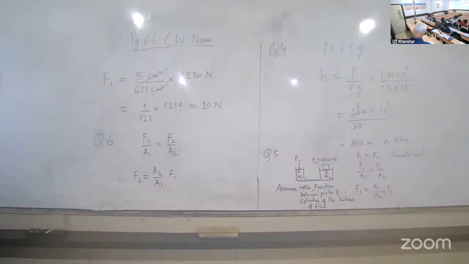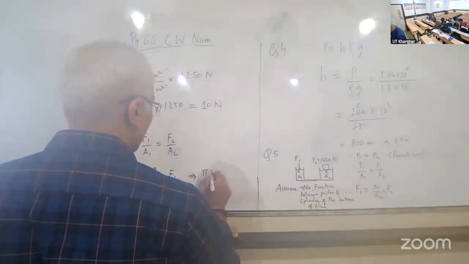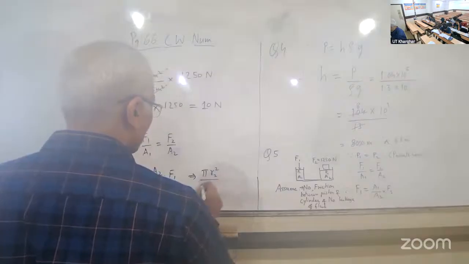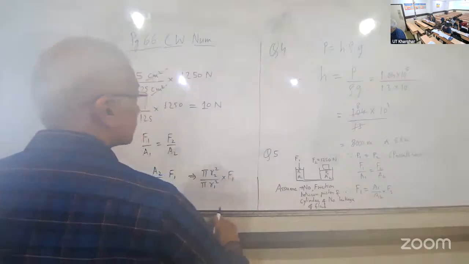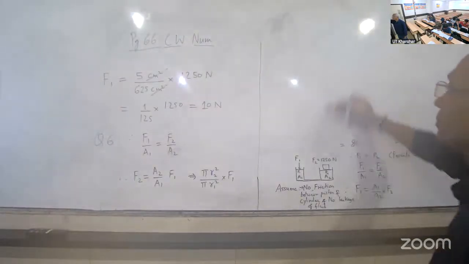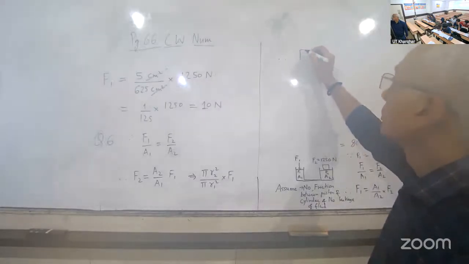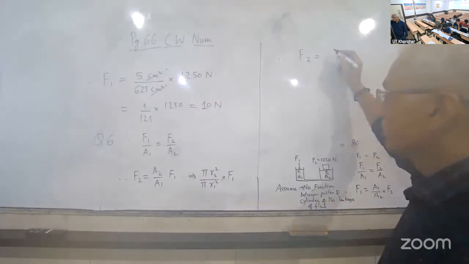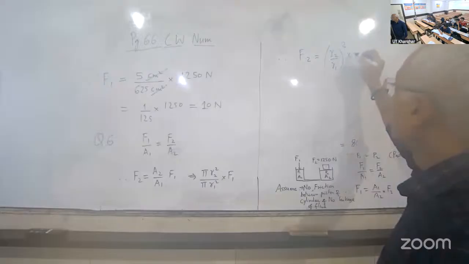So what is given here? Diameter is given to you. So what is area? This formula transforms into pi R2 square divided by pi R1 square into F1. So this is equal to R2 by R1 whole square into F1.